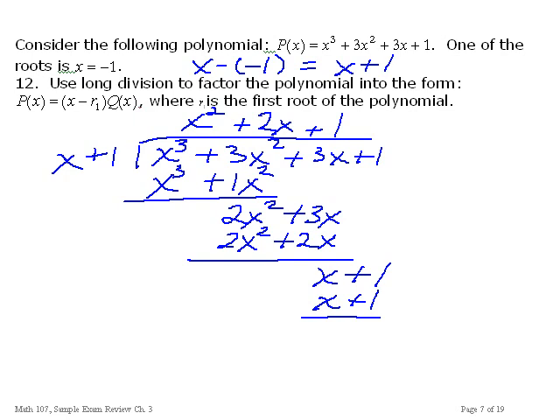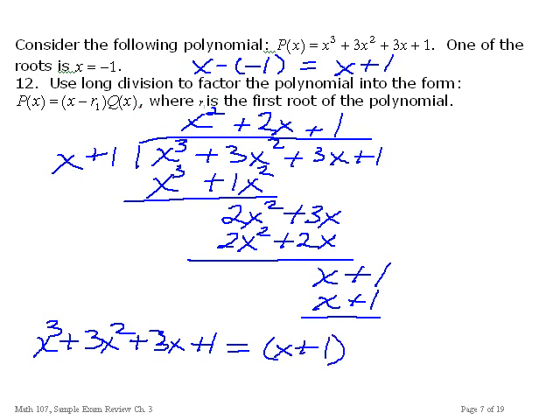Now I want to write it in this form. So I've got x cubed plus 3x squared plus 3x plus 1 equals x plus 1, remember I got that from here, times, and don't work it out, just write it like this, the polynomial that's up here, the answer, x squared plus 2x plus 1.